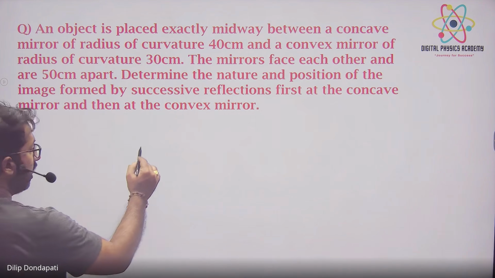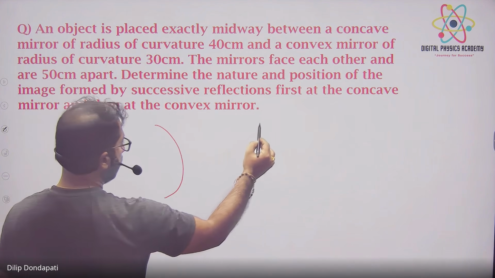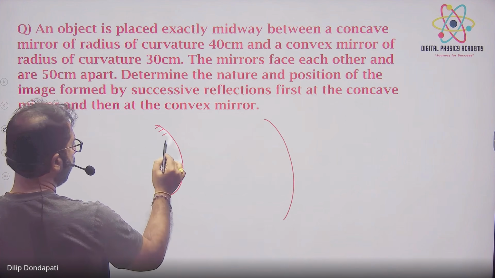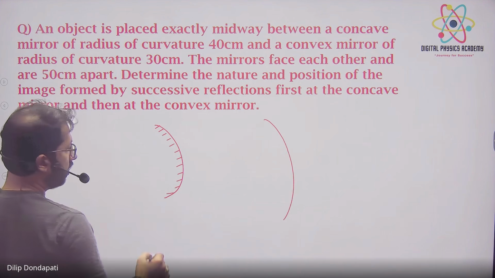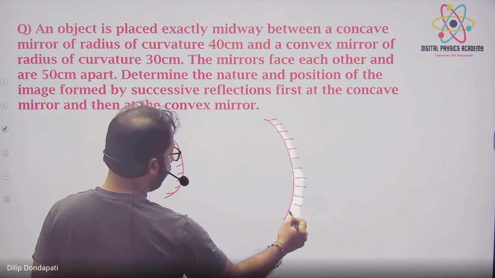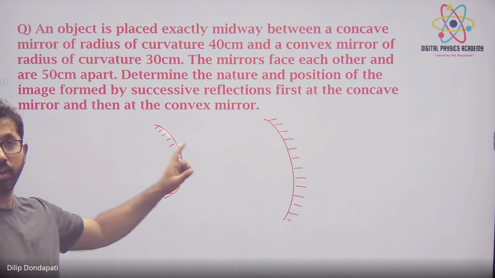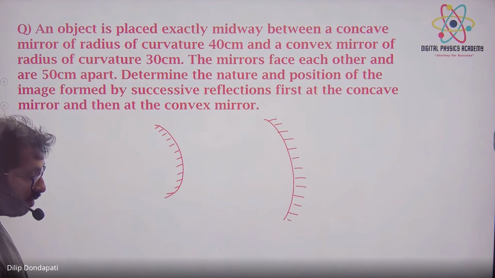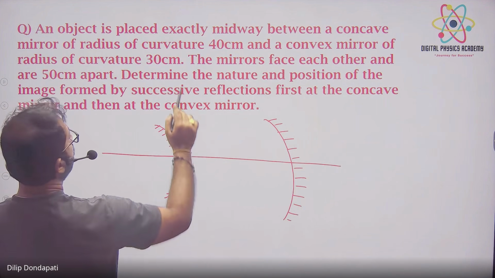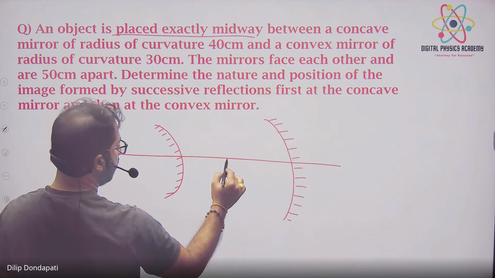So this is a concave, and this is convex. They are facing each other, and the distance between them is 50 centimeters, right? And the object is placed exactly midway.